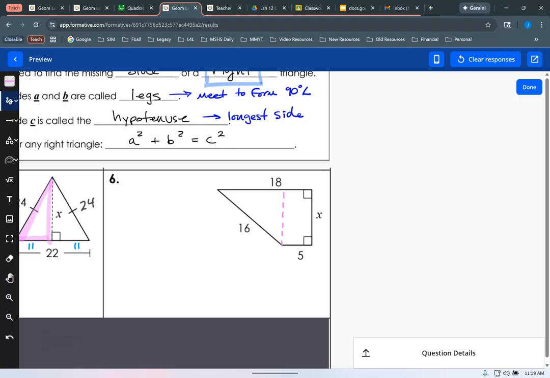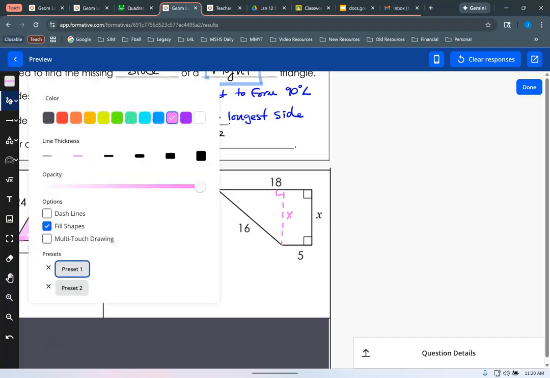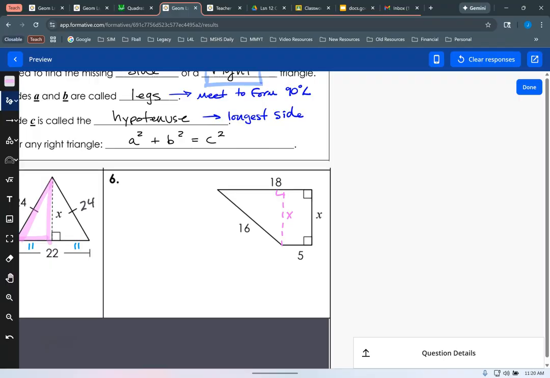Well, these two lines are going to be the same length. I'm just matching another line there. And that means that this is going to be a 90-degree angle here. And so now we can see our right triangle that we can use for this problem is going to be here, here, and here.